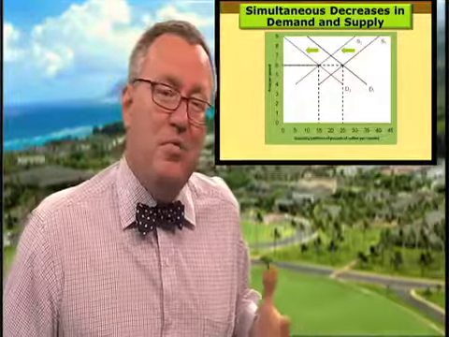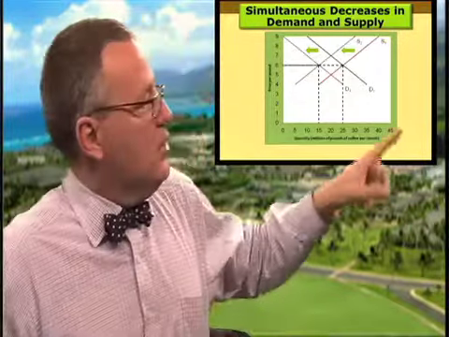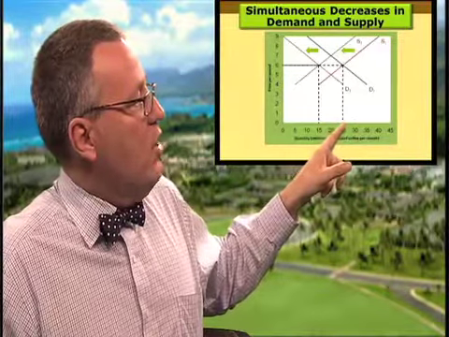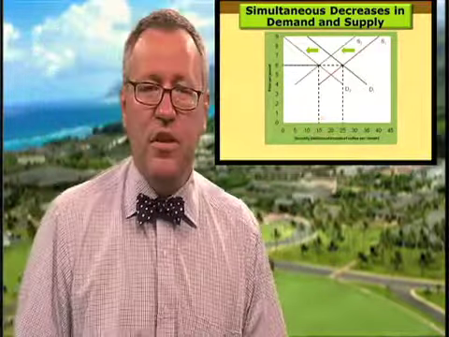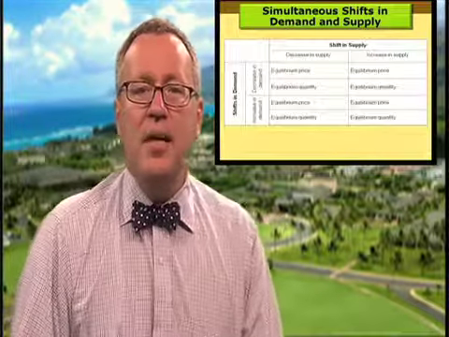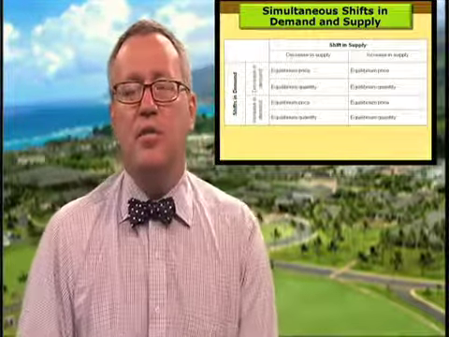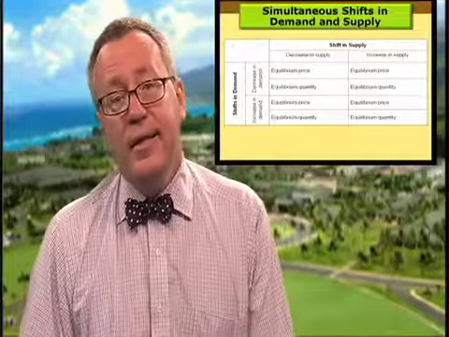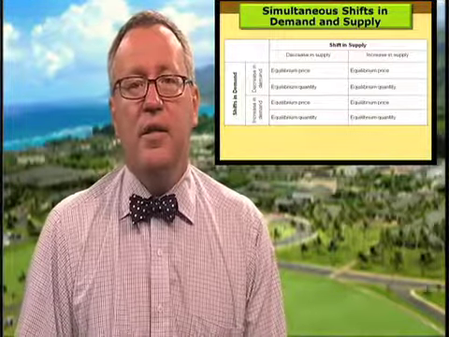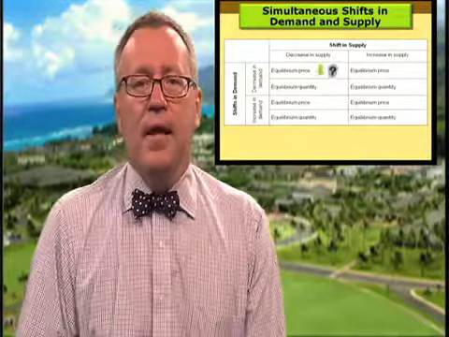So the change in price was indeterminate. Clearly we understand that the quantity change from 25 to 15 was significant. So sometimes you can tell where your price is moving and your quantity is moving, and sometimes it's a little bit less clear. This gives us some interesting examples.